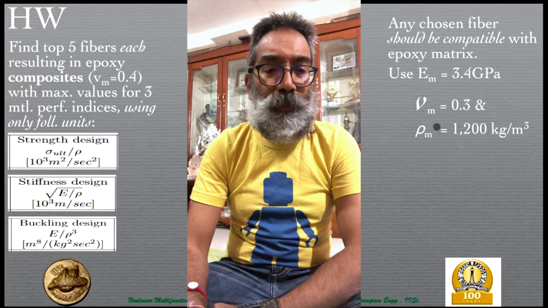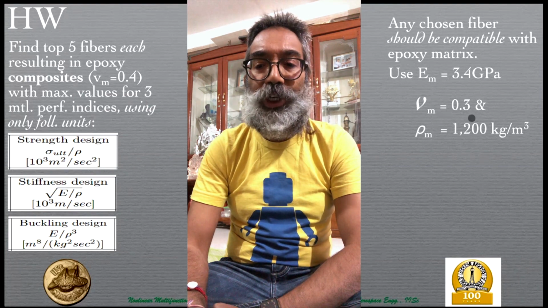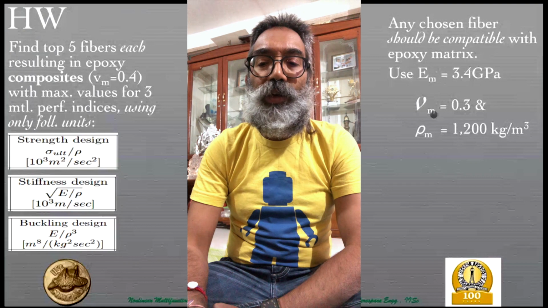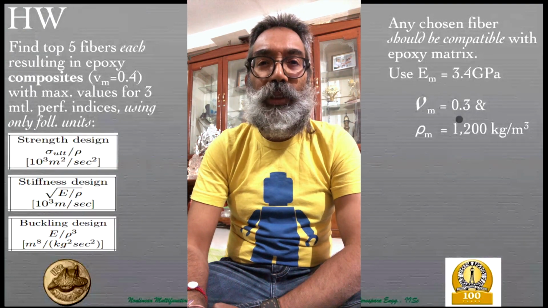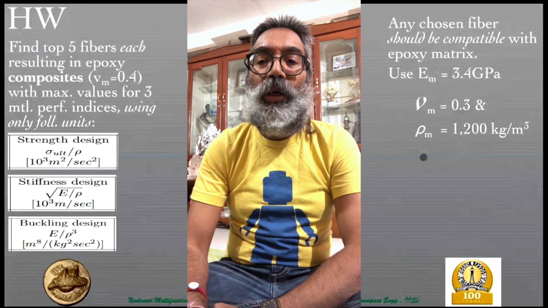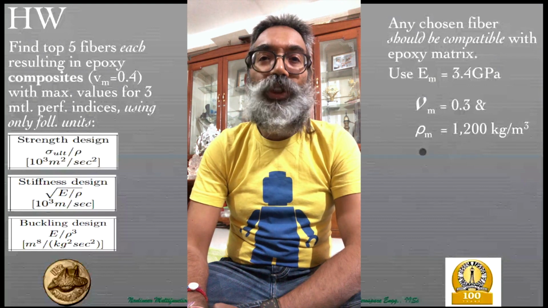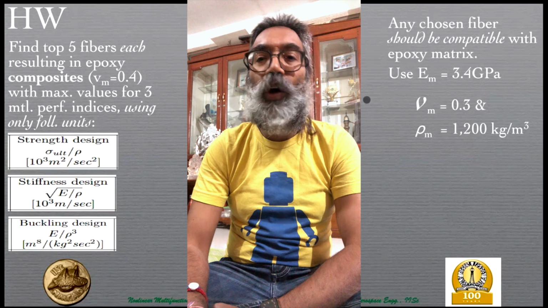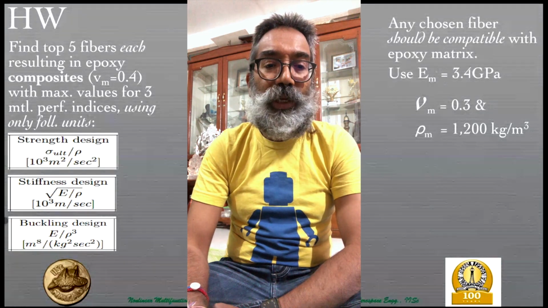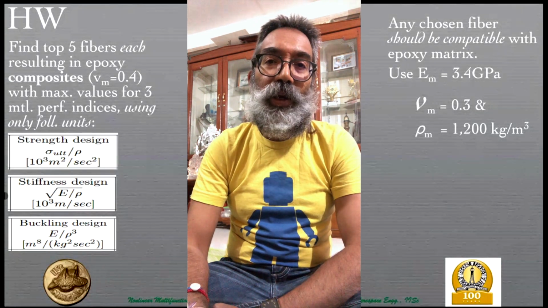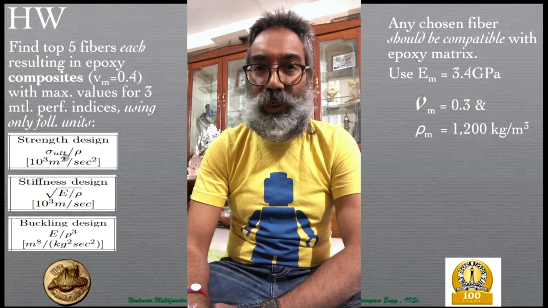You may not need the Poisson's ratio right now, but it will be essential for something else that I'll be talking about a little later. So right now these 2 would be critical, and we would use the rule of mixtures formula that we got in the previous class, not only for the Young's modulus but also for the ultimate tensile strength.